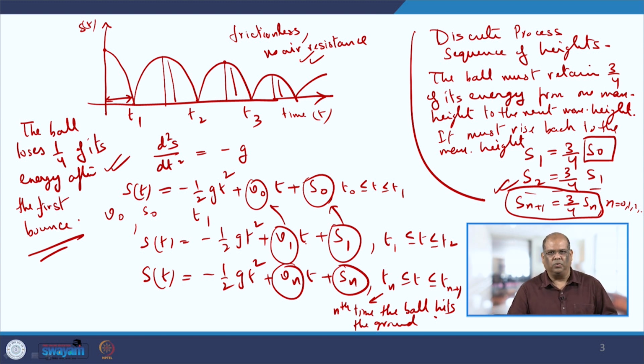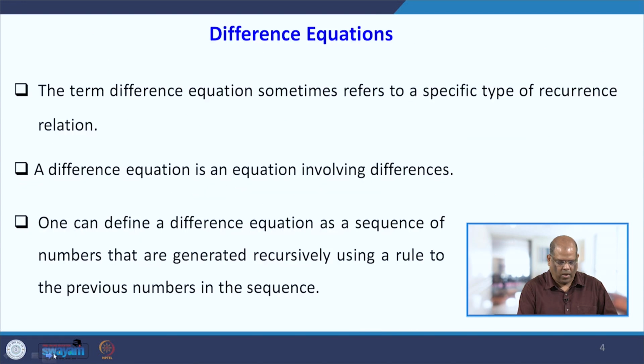Now, what are the tools you will be using while modeling this discrete process? In the continuous one, we use differential equation. In the discrete case, we will be using difference equation. Now, you may not be familiar with difference equation. So, let us go through it.